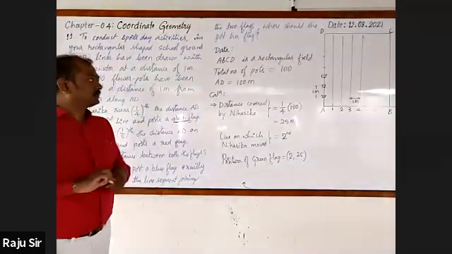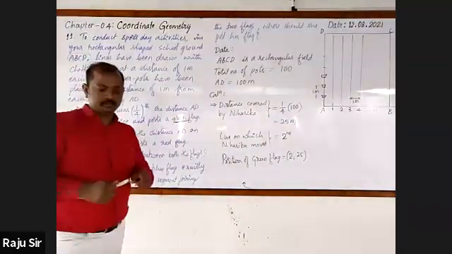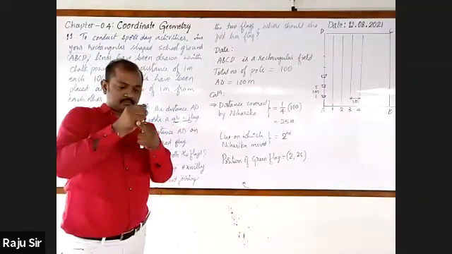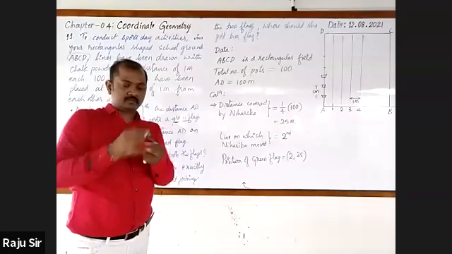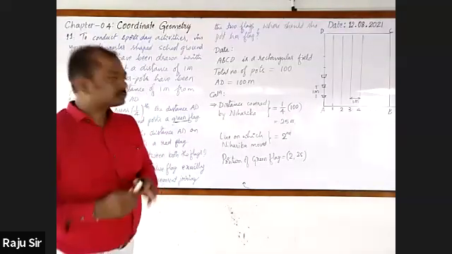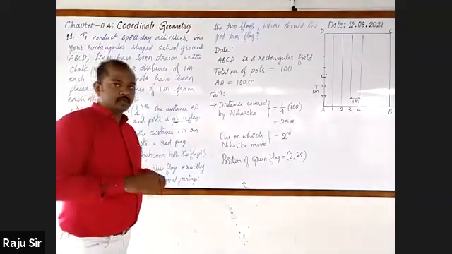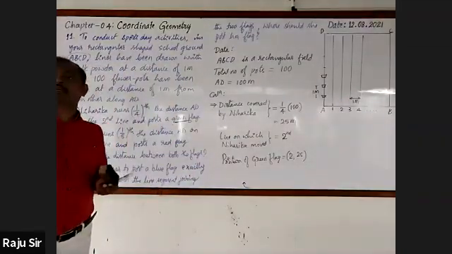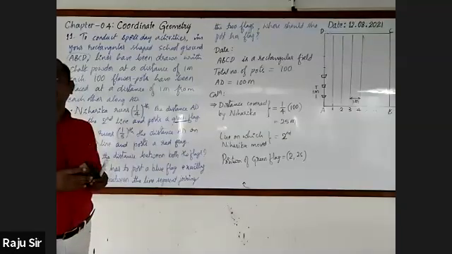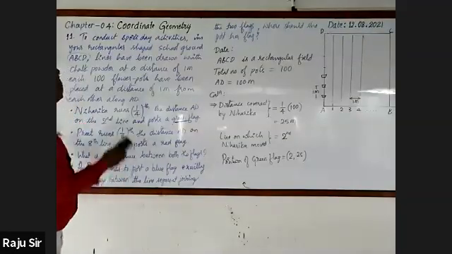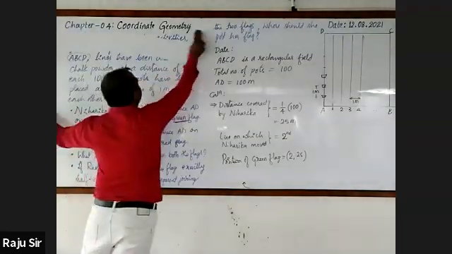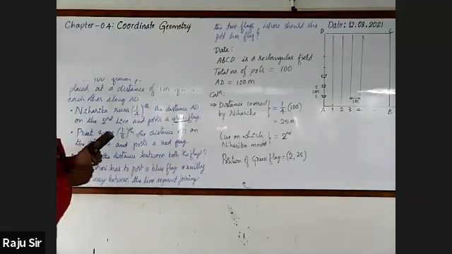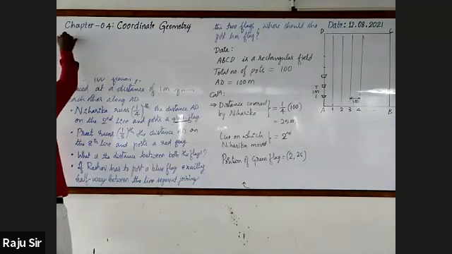Next, with respect to Preet. This is the problem which includes both the concepts, distance formula as well as section formula, midpoint formula. Here I am writing with respect to Preet.